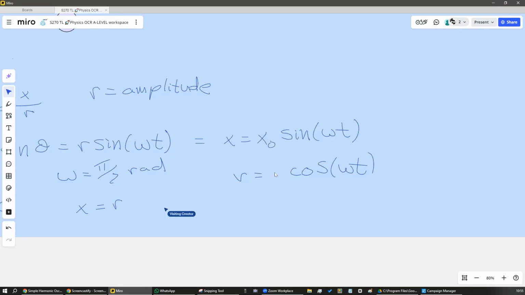So you bring out this omega, and you keep the x0, so omega x0 cos omega t is the velocity. And then finally the acceleration: when you differentiate cos, you get negative sine. We've got to bring out the omega again, so that's going to be negative omega multiplied by omega, so negative omega squared x0 sine omega t.